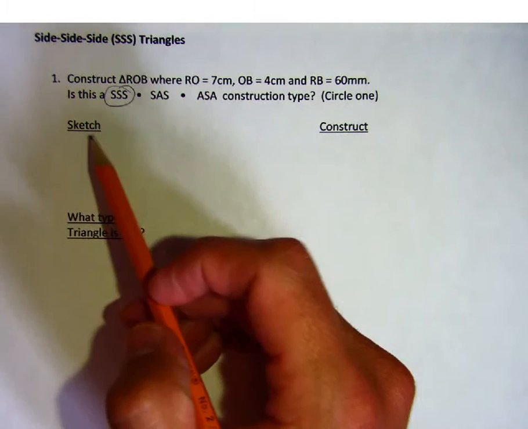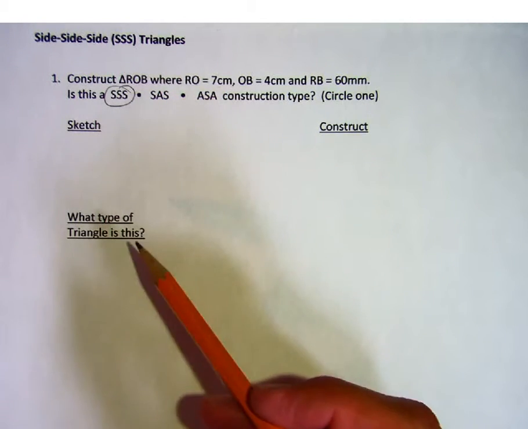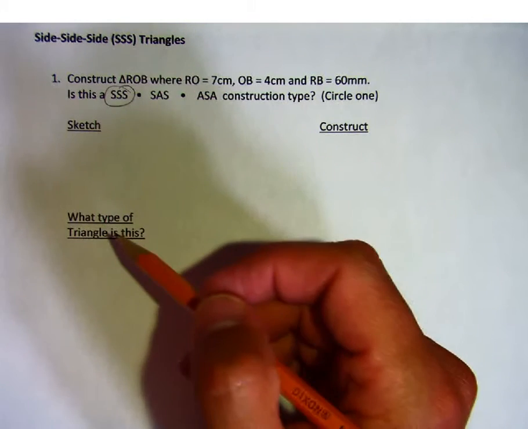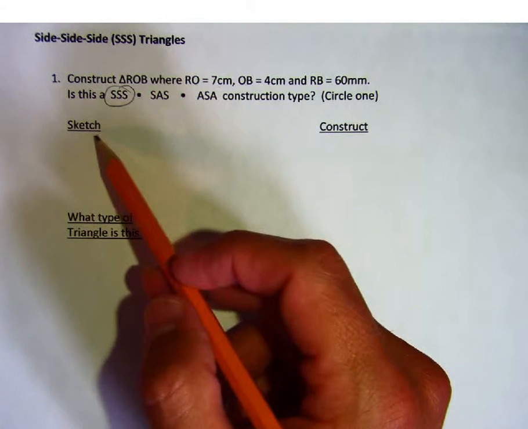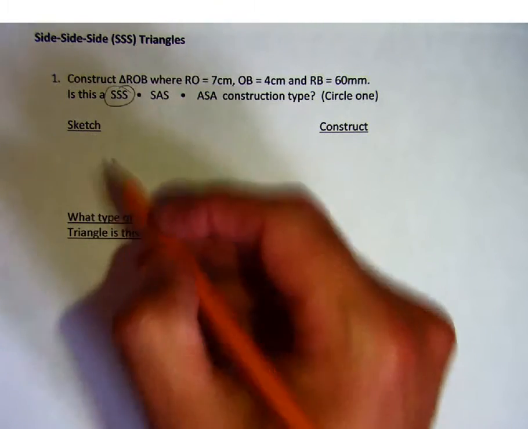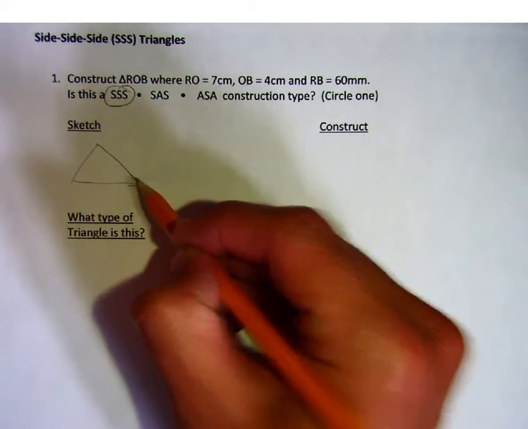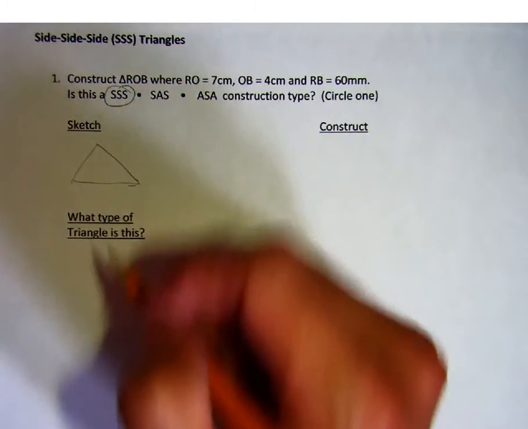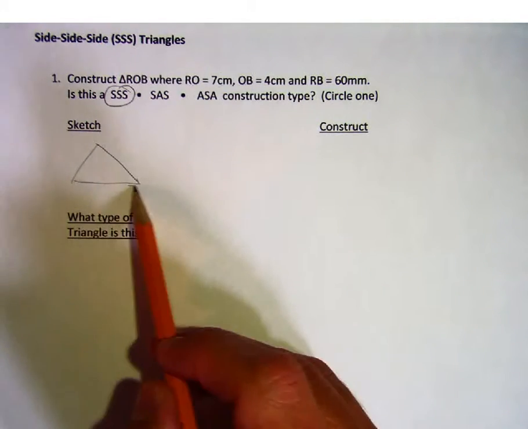A really, really important thing for me to do is to sketch the information that I've been given so that I have an idea of what the triangle is going to look like and where the measurements are going to be. It doesn't necessarily matter that the sketch looks exactly like the actual triangle turns out, but what's important is that I label the information. So I usually start with the longest side down along the bottom here.